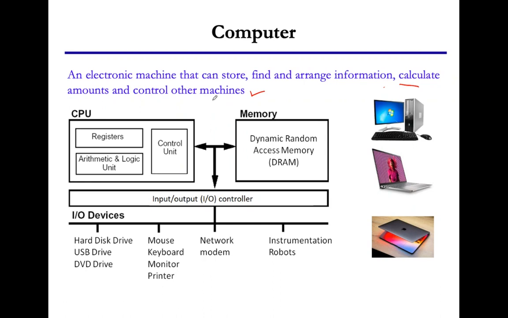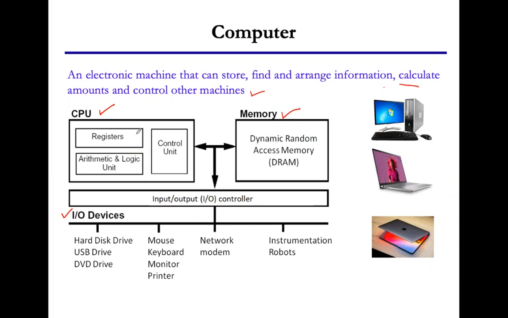So the basic structure looks like this: the computer consists of the central processing unit, CPU, the memory unit, and the input output devices. The central processing unit is also called the heart of a computer.